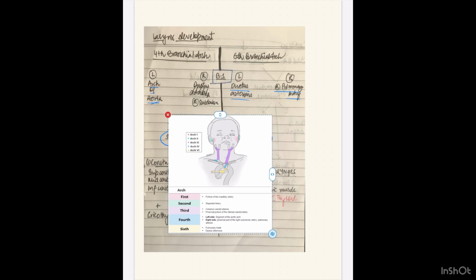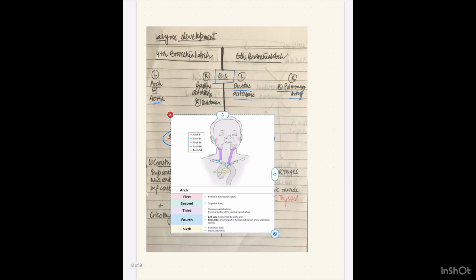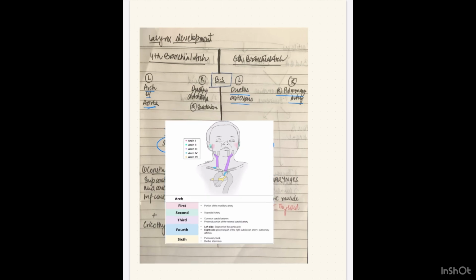The left side we have the arch of aorta. Right side we have the right subclavian, and sixth arch we have ductus arteriosus on the left side, and the right side will be having the right pulmonary artery.